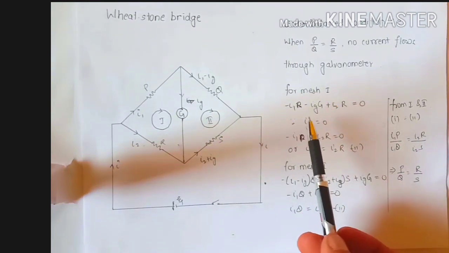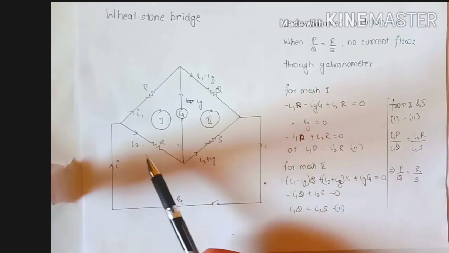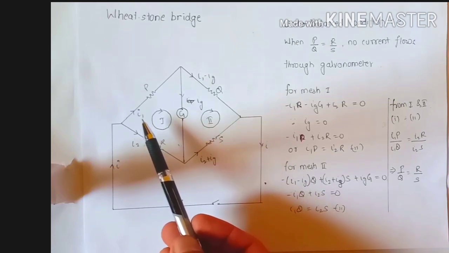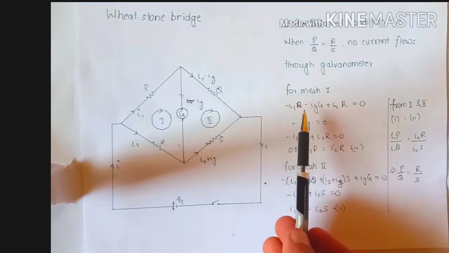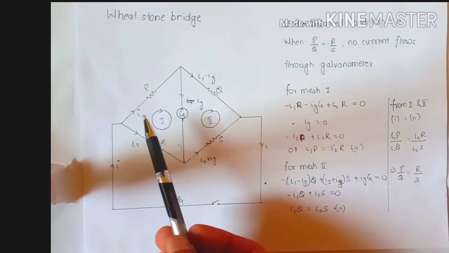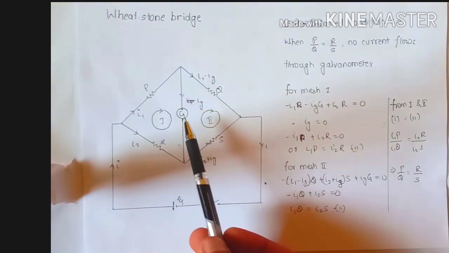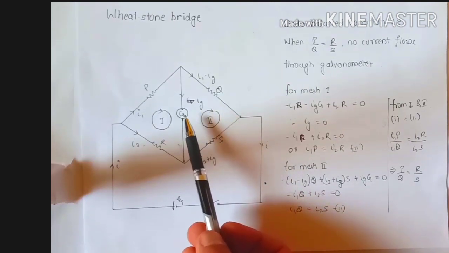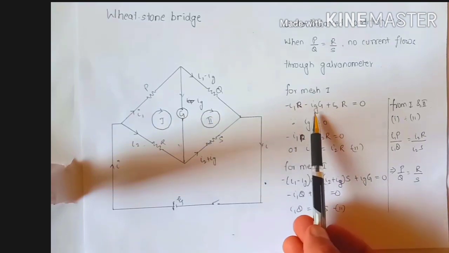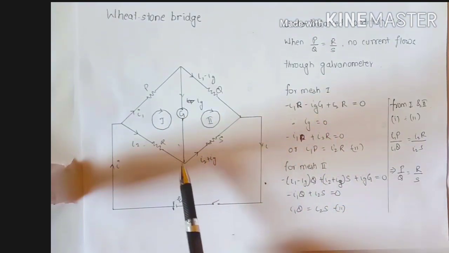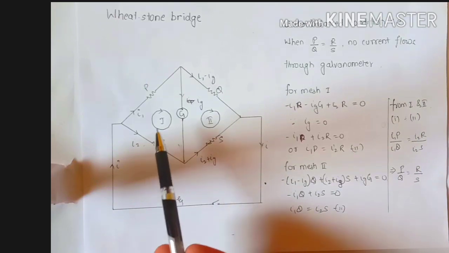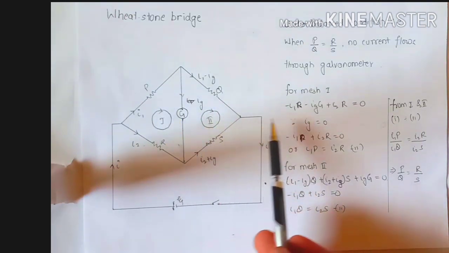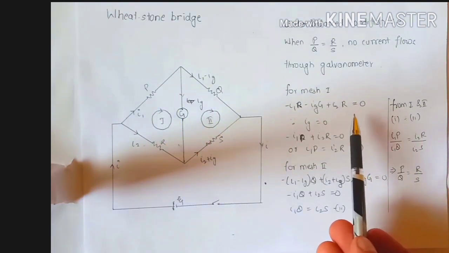For mesh 1, let us apply Kirchhoff's law in clockwise fashion. So we are moving in the direction of main current, so I1 into P is with negative sign since it is in the same direction, and the potential drop across galvanometer is Ig into G, again in the same direction, so it is again negative, and the potential drop across resistance R, since it is in opposite direction to the main direction, is plus I2R, equal to 0.